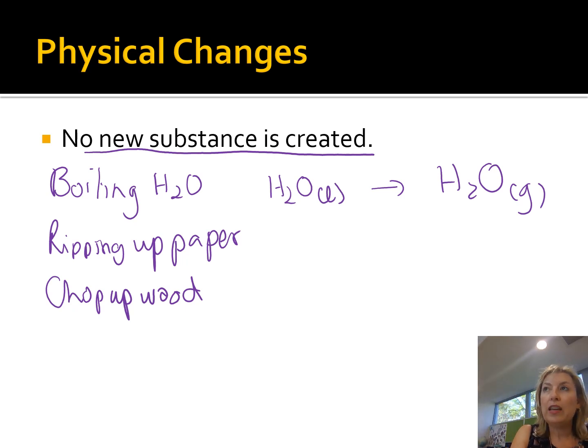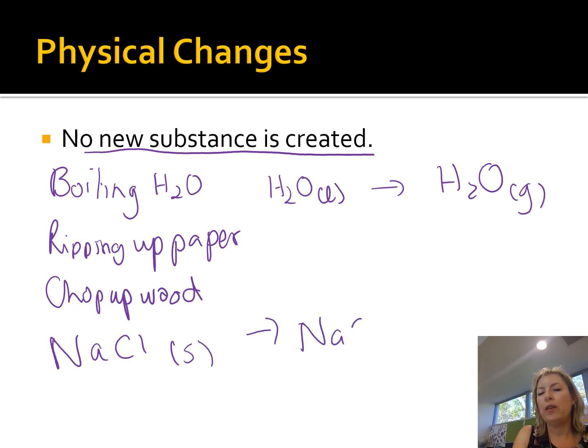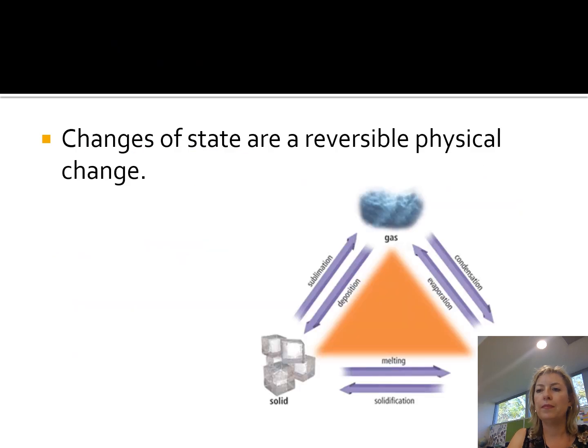Another example is when you dissolve some salt into your soup. So the sodium chloride starts as a solid and it ends up in solution. So we say it's aqueous. But in all of these cases, the formula stays the same. No new substance is created.